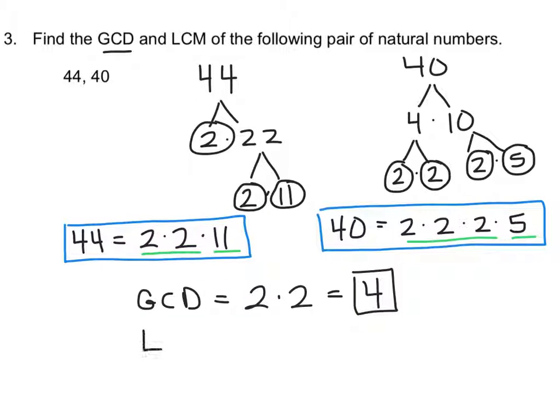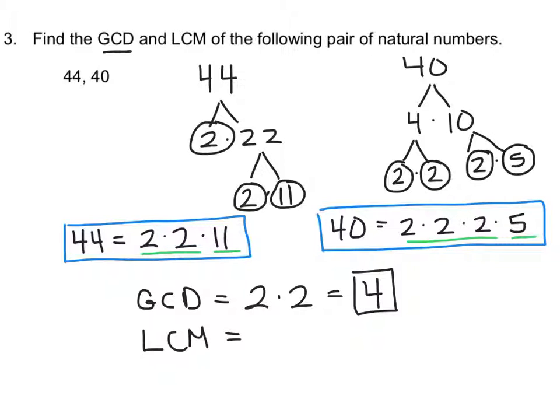Now I'm going to find the LCM, or the least common multiple. To find the least common multiple, I'm going to look at each number and its factors. And I'm going to write down the greatest number of times each factor occurs in either number. So I'll look at the number 44, and I have 2 times 2 times 11.